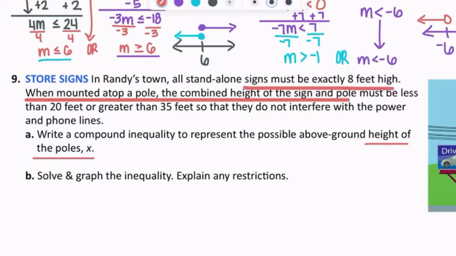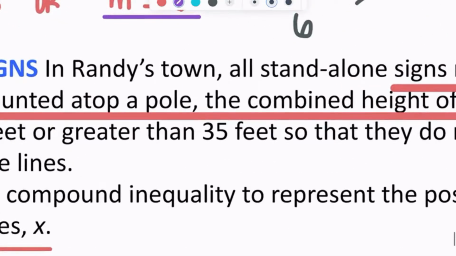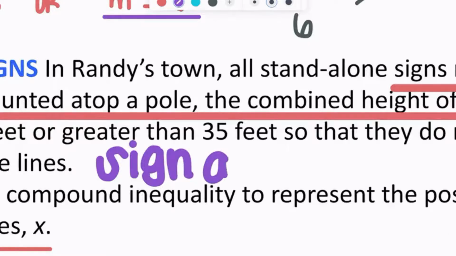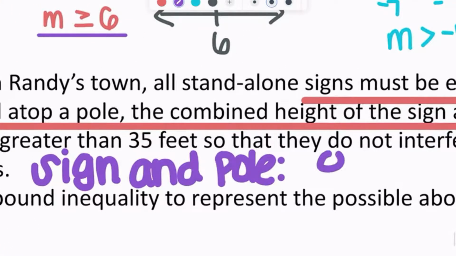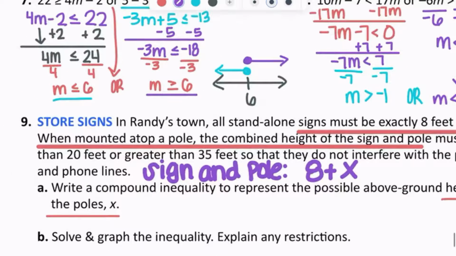And they already tell you that the sign is 8 feet tall. So that means my sign and the pole is going to be, the sign we already know is 8 feet plus however tall my pole is, x.